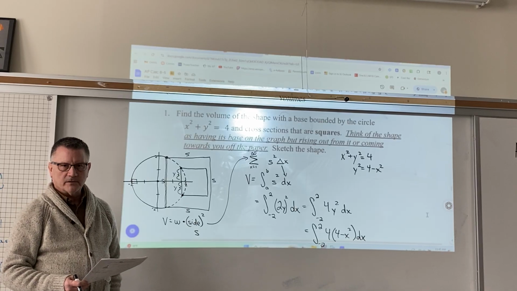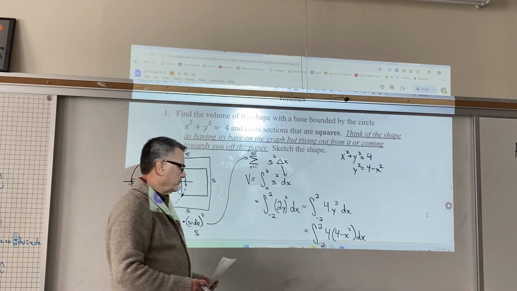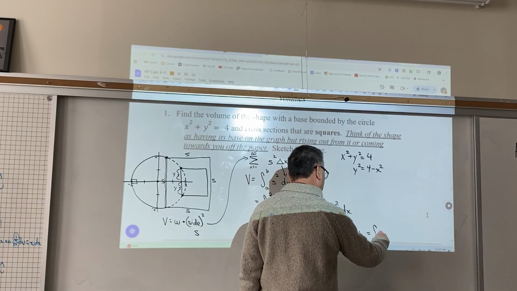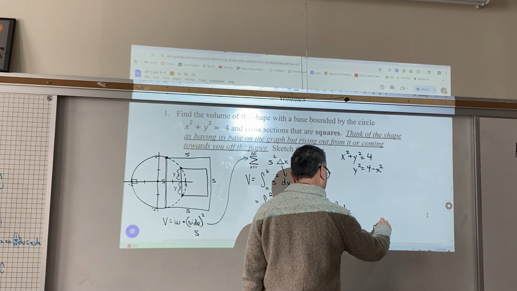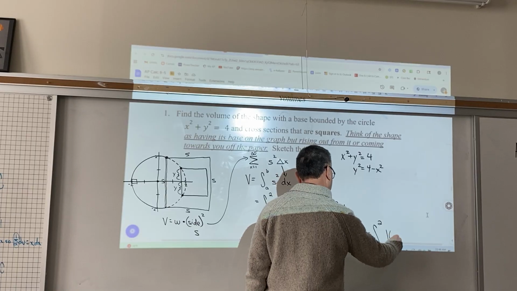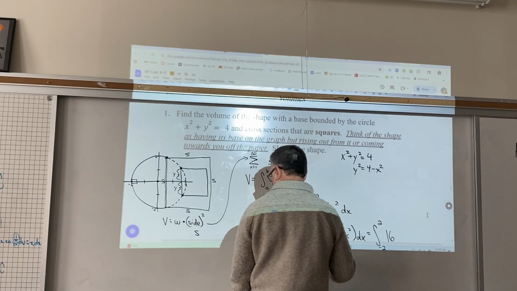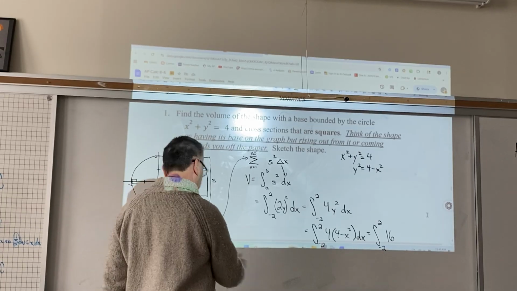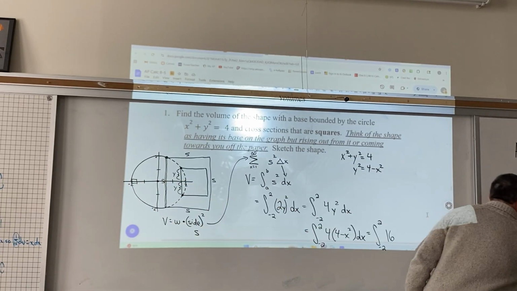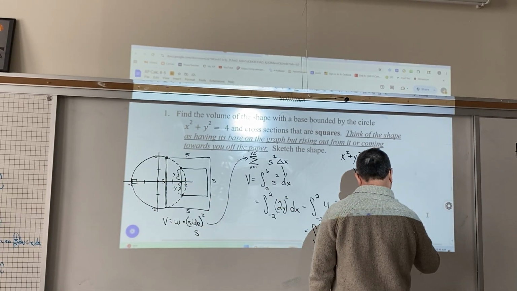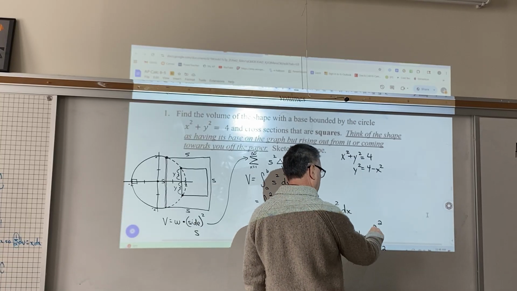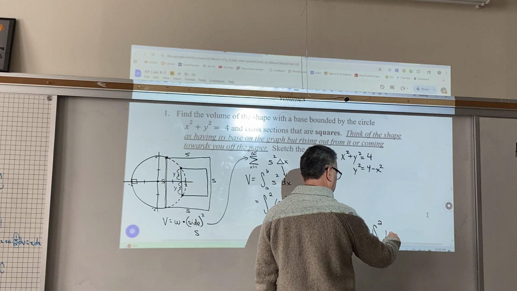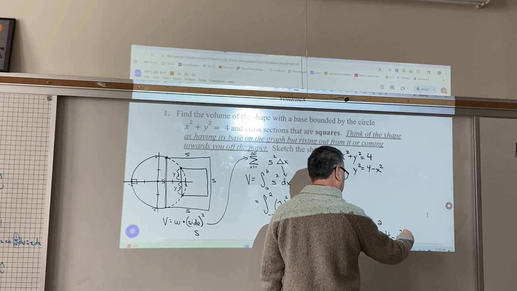And this you could probably put in a calculator. If you want to clean it up a little bit, integral from -2 to 2 of 16... Actually, probably pull this out is what I would do. You don't have to, you can put this in the calculator. 4 minus x squared dx.